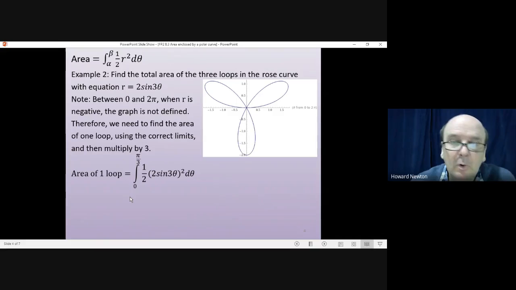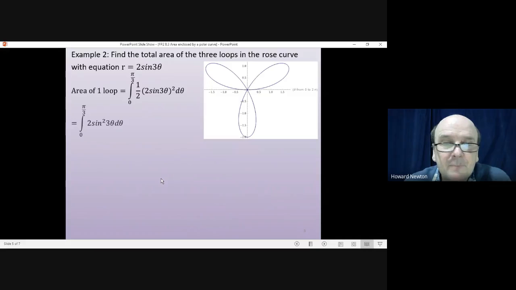So the area of one loop, and I'm looking at this first loop here on the top right, begins at theta equals 0, and then as we go around the curve, we get to theta equals pi by 3 when we return to the origin. So that top loop will be the integral between 0 and pi by 3 radians of a half into 2 sine 3 theta squared, just substituting into the formula there.